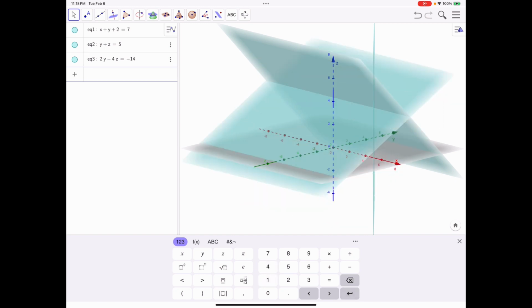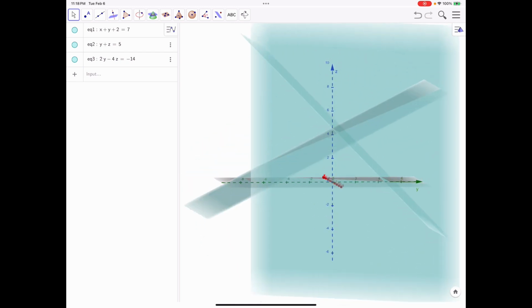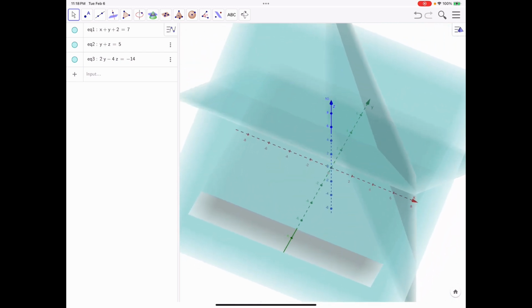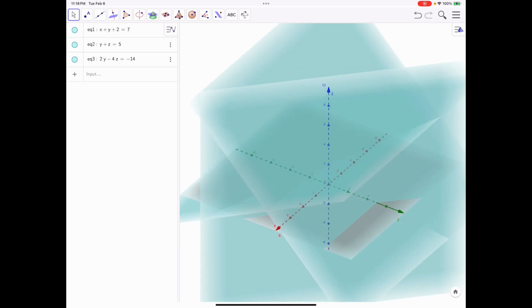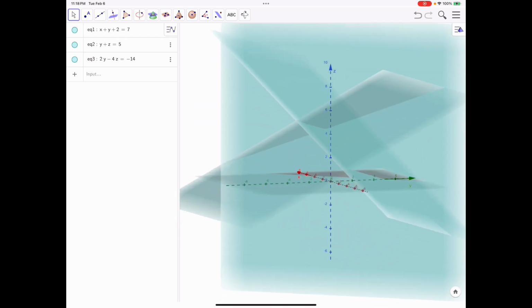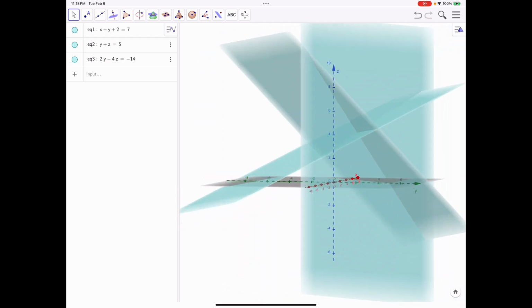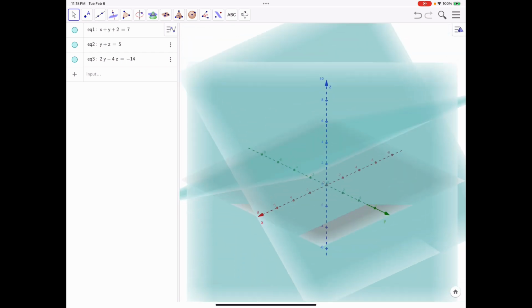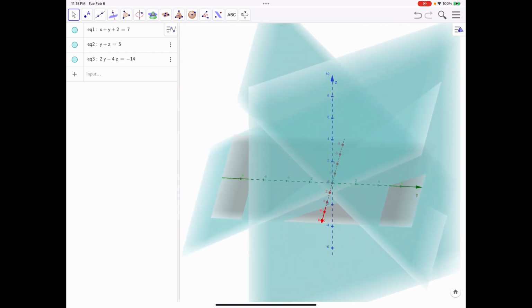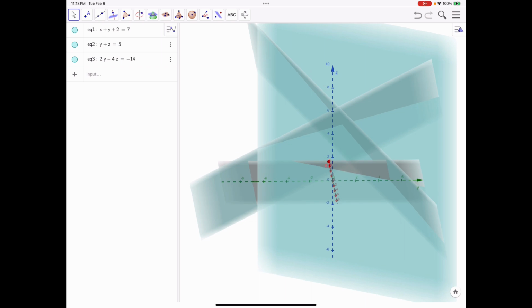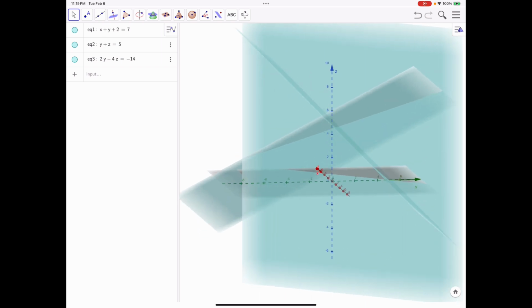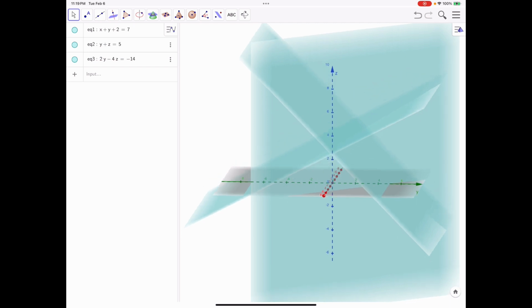Enter. I'm going to spin this around for a second so you can see all 3 of those planes. Now the point where all 3 of them come together, which looks like it's in here somewhere, it's at 4, 1, 4. That is our solution.